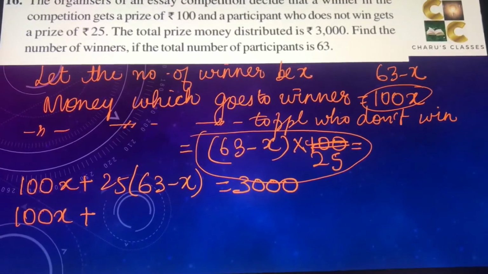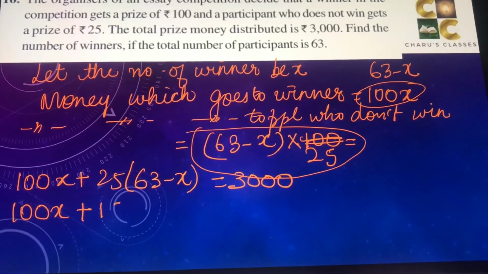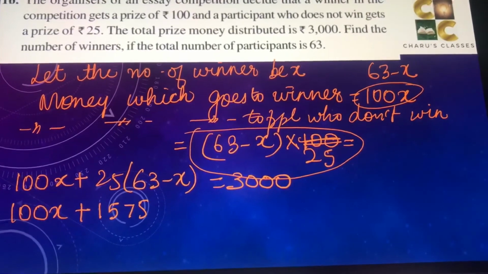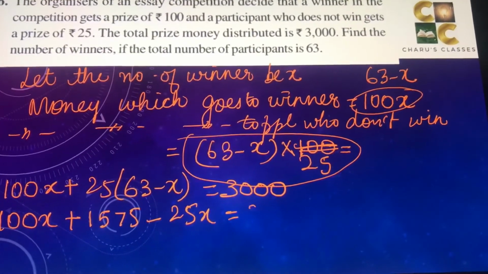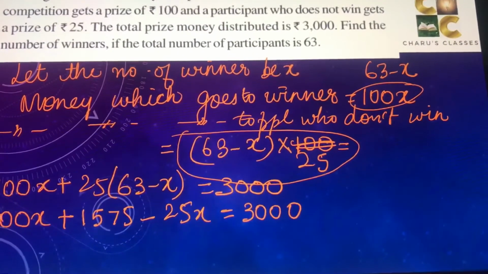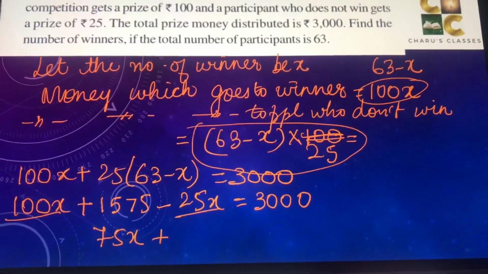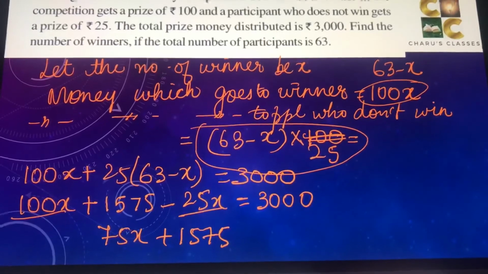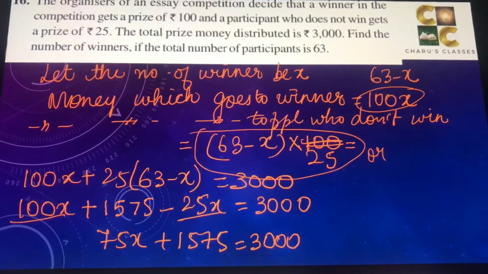Or we can say 100x plus 25 into 63, which will come as 1575, and minus 25 into x, 25x is equal to 3000. 100x minus 25x, that is 75x plus 1575 is equal to 3000.